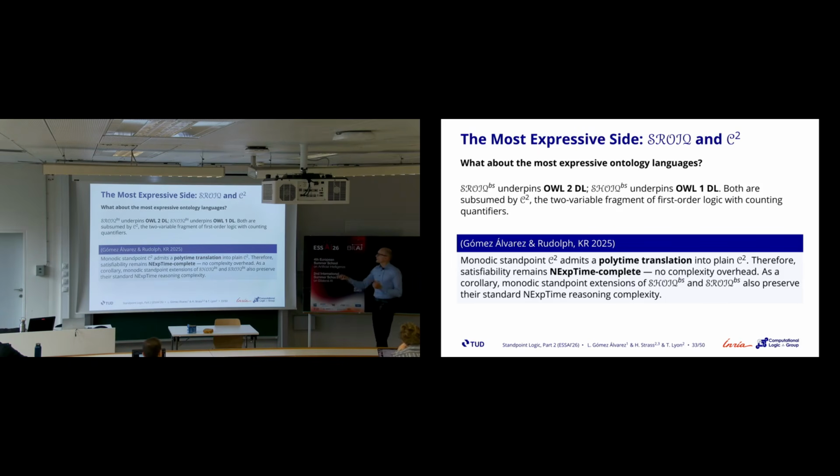What Lucia and Sebastian observed is that even for this very general language, restricting to the monodic fragment, you still have a polytime translation into plain C2. And because this translation is polynomial time, you again keep the complexity.